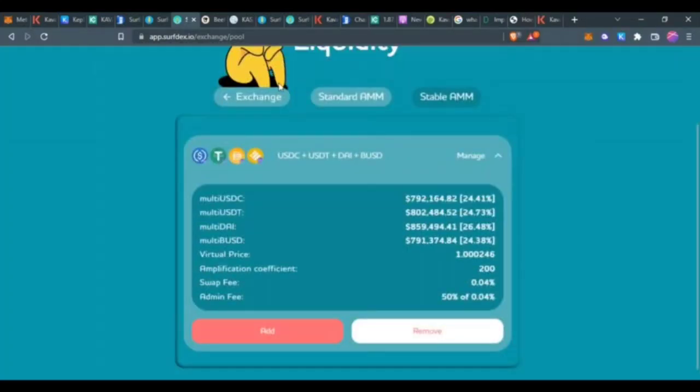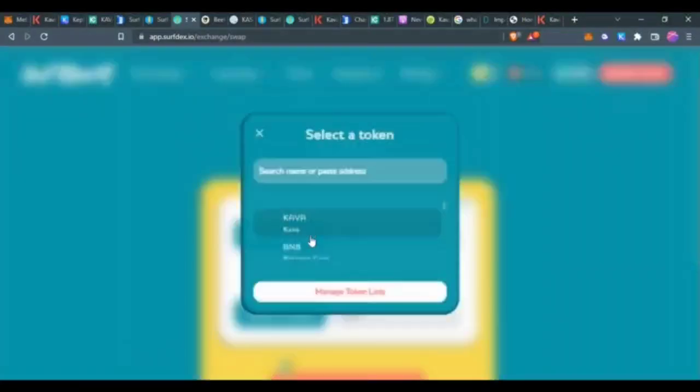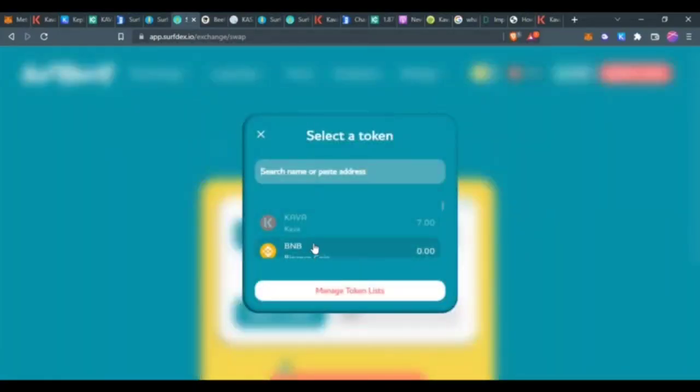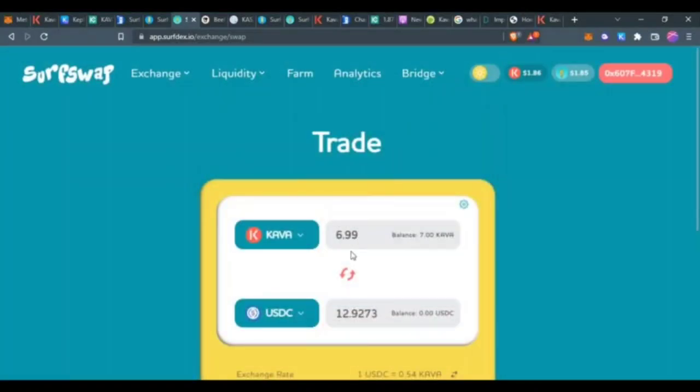So let's go ahead and go to the exchange. Select Kava. Let's see. We want USDC. Let me see what's our balance. We got $12 altogether, or $13. So let's see if we were to break that down into four.